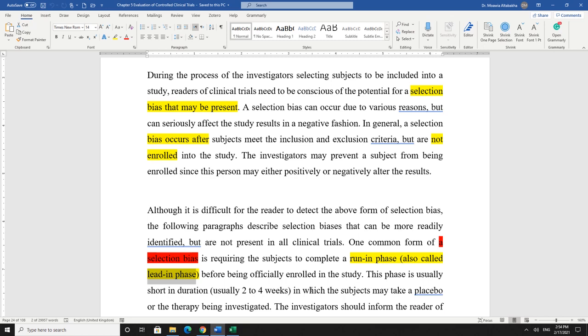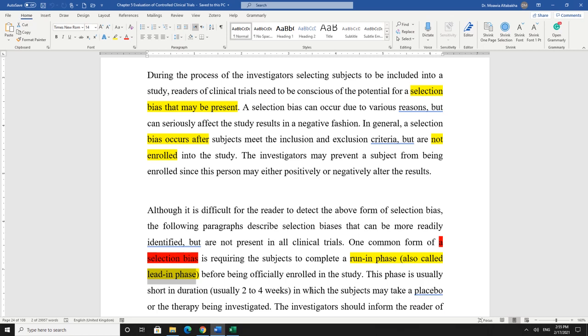The reason why you are doing that is not to exclude or remove or withdraw some subjects. No, your aim is just for the previous drugs to diminish from the system. Okay, so you have that one.